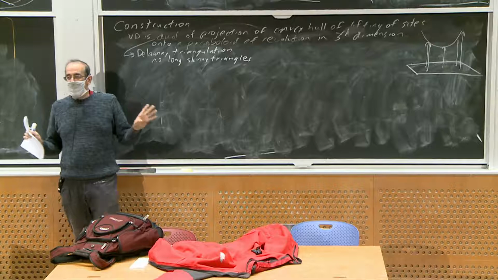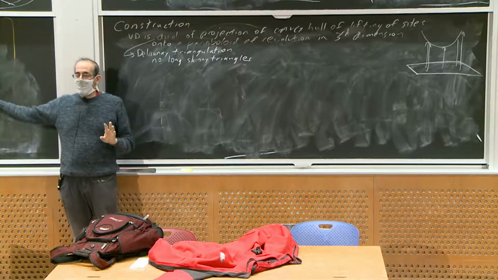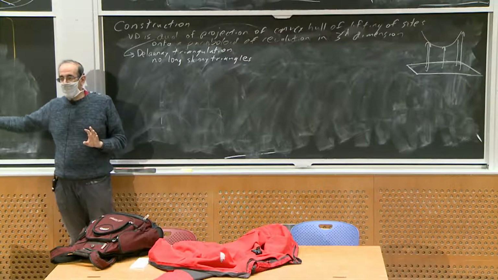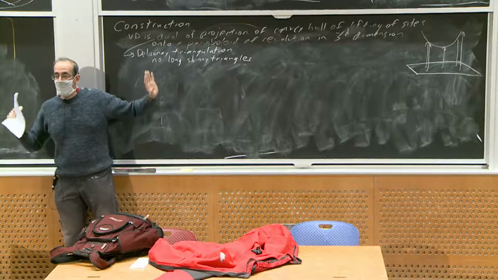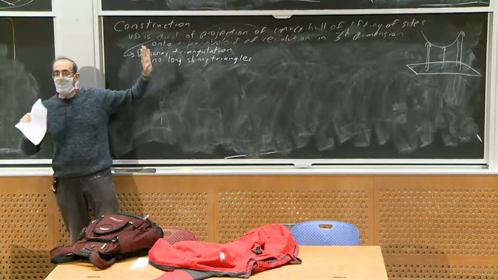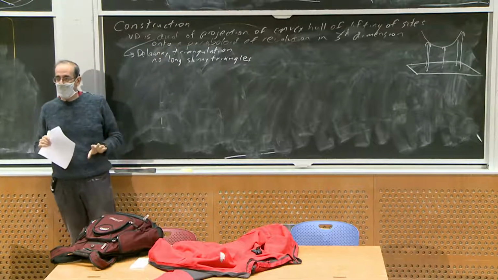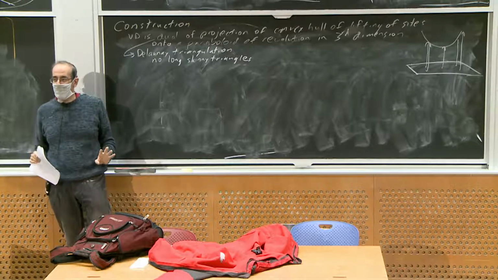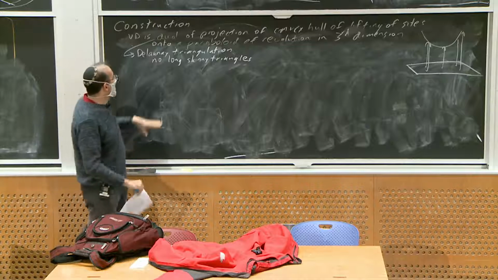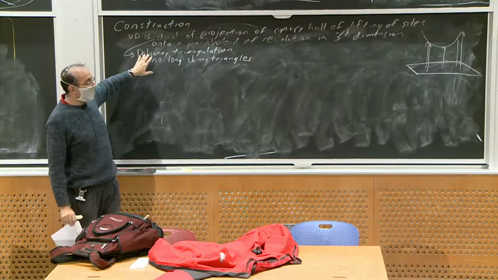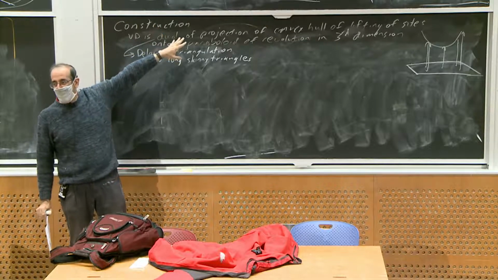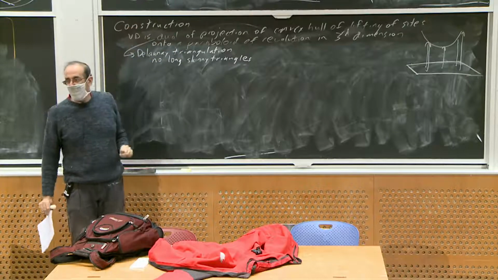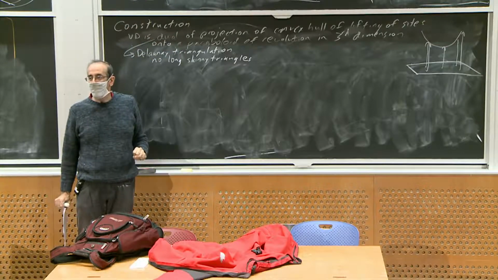Okay? And this makes the Voronoi diagram even more important because the algorithm for constructing the Voronoi diagram is also the algorithm for constructing the Delaunay triangulation that you need for your simulations and rendering and so forth. So we're getting a lot of things all at once by looking at this problem. Okay? So I guess technically, the Delaunay triangulation is the projection of the convex hull, and the Voronoi diagram is the dual of that. Okay?